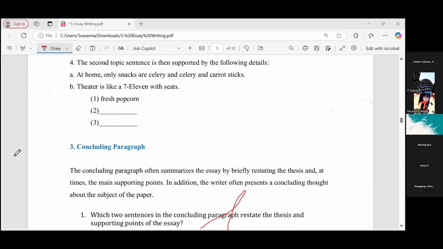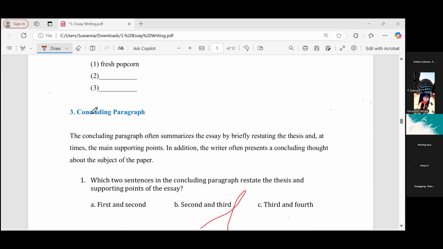So now allow me to move on to the last point of the essay, which is the concluding paragraph. Let me recap. An essay consists of three components. The first one is the introductory paragraph, which will develop the thesis statement. In other words, you state your central idea developed in your introduction.